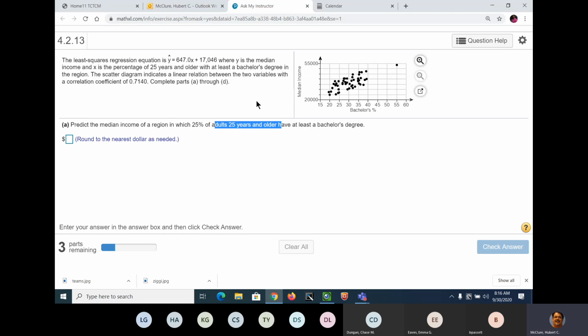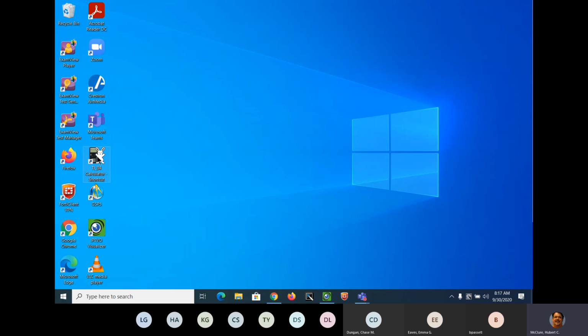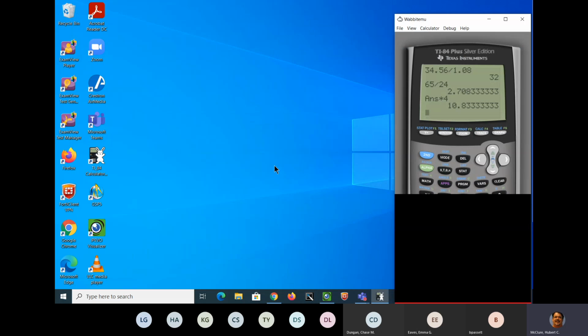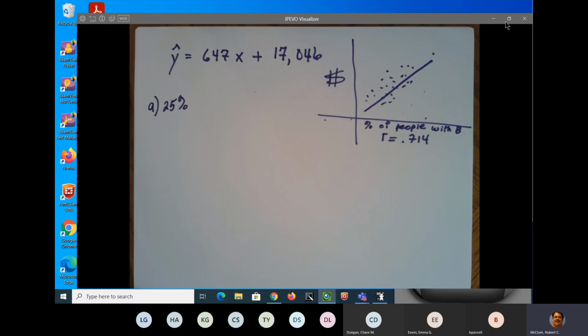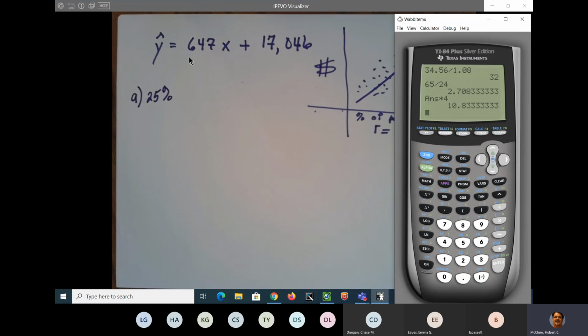I'm going to take my handy dandy calculator and put 25 in for X. So that will be 647 times 25 plus 17,046.